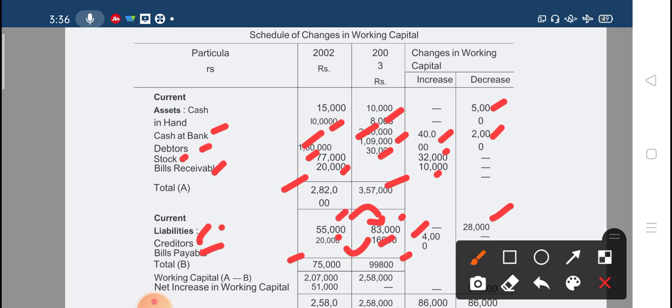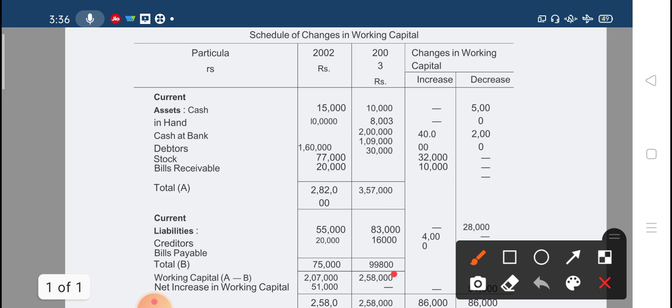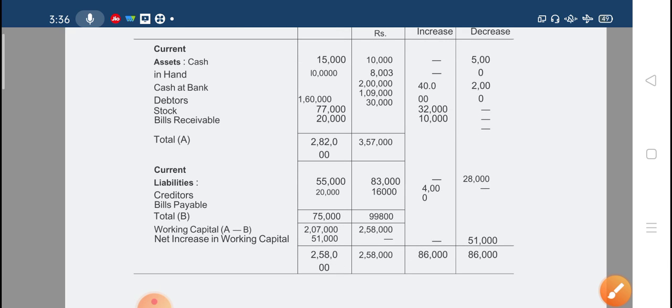The difference is working capital: 2,07,000 of net working capital in 2002 and 2,58,000 in 2003. What is that? The net working capital.